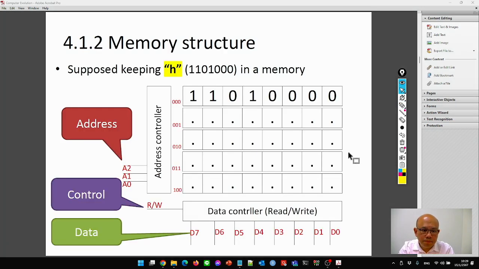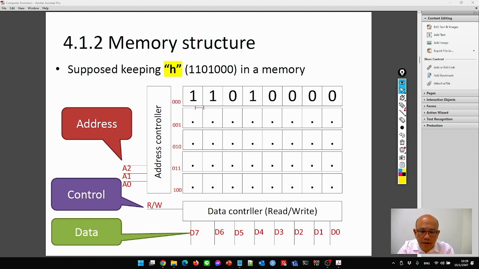Here, this is a figure that I drew, which represents the memory in computers. Here there are a lot of blocks, represented like cells or memory vectors in the memory in computers.